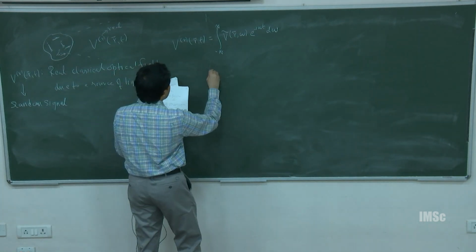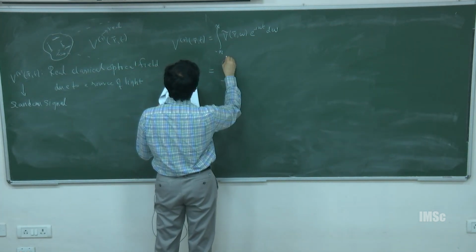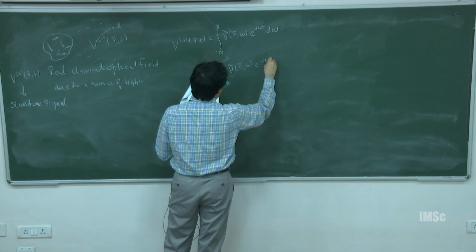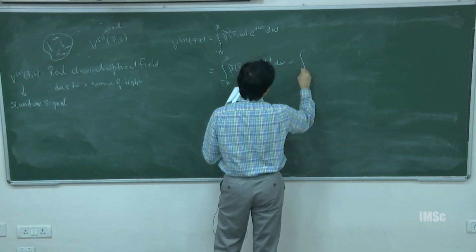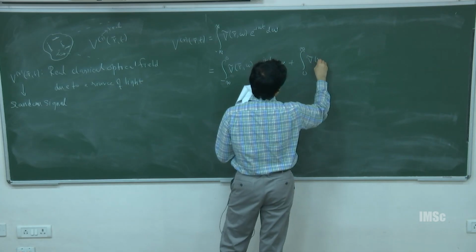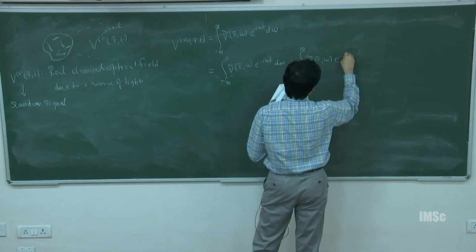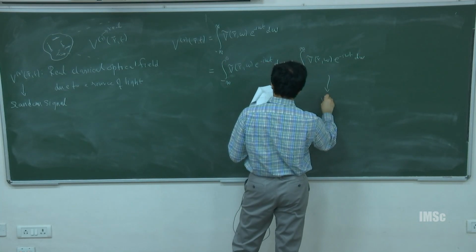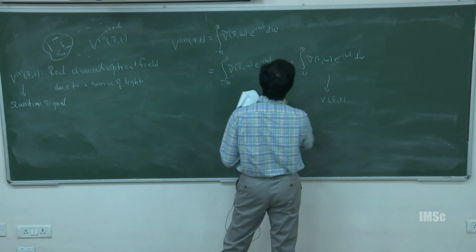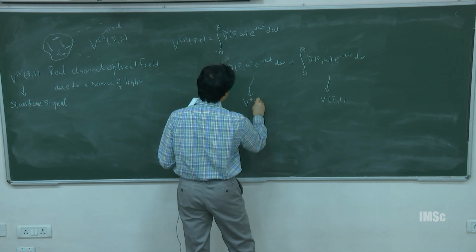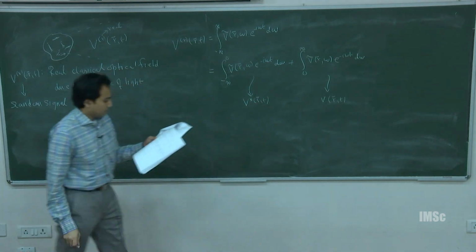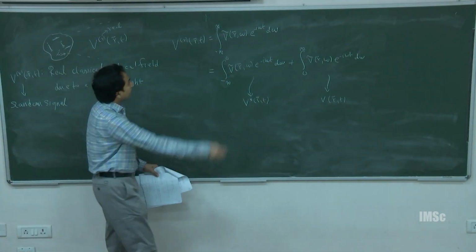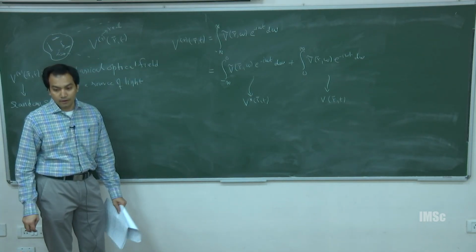So once again, we play the same game. So this one, V of r, t, is the complex analytic signal corresponding to the real optical field V superscript R of r, t.